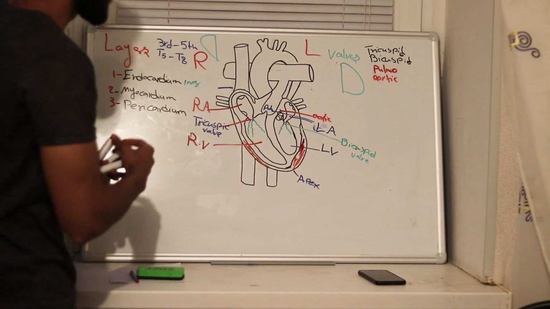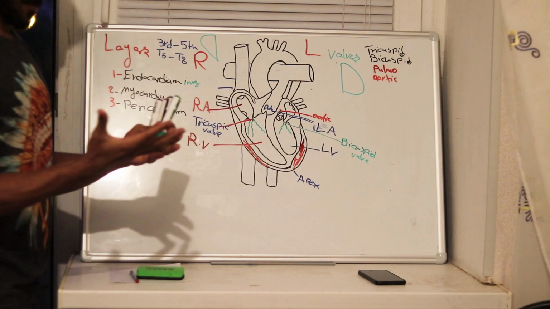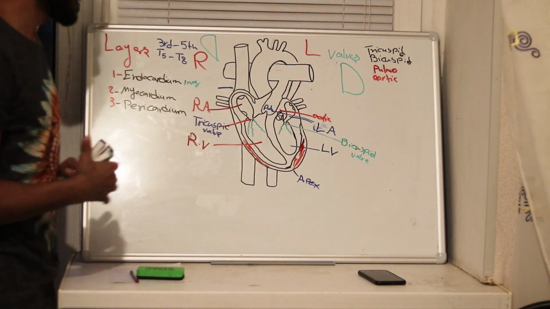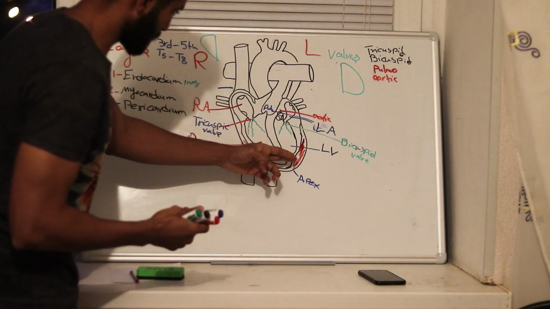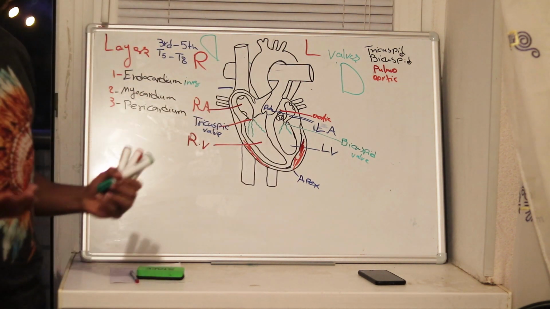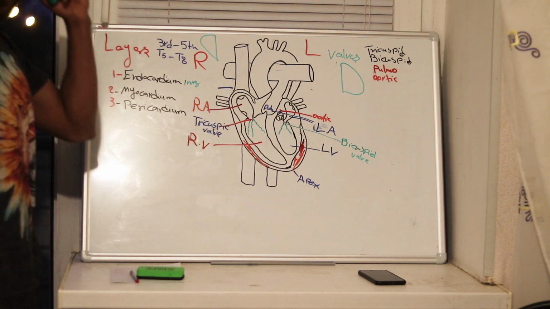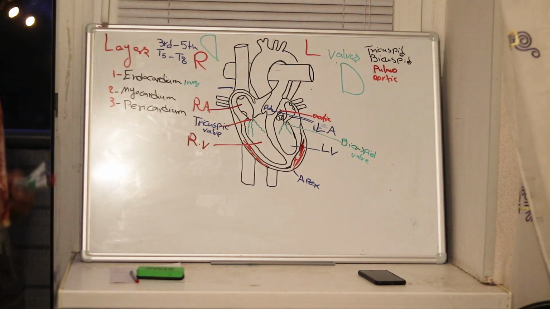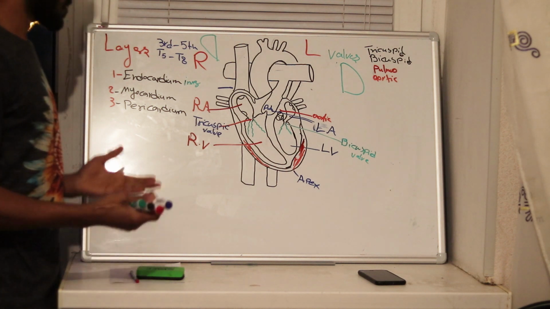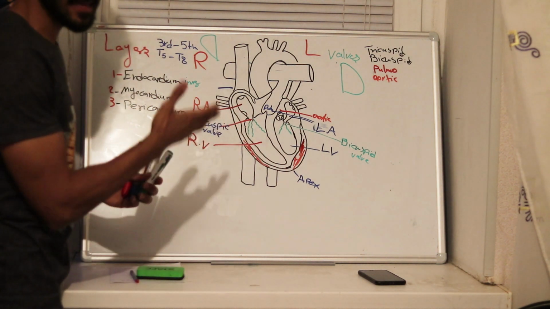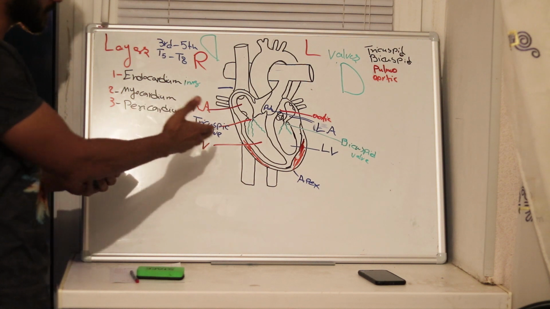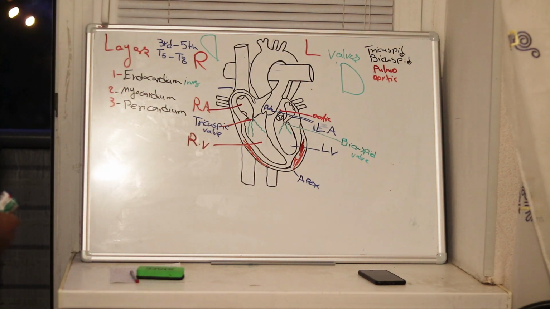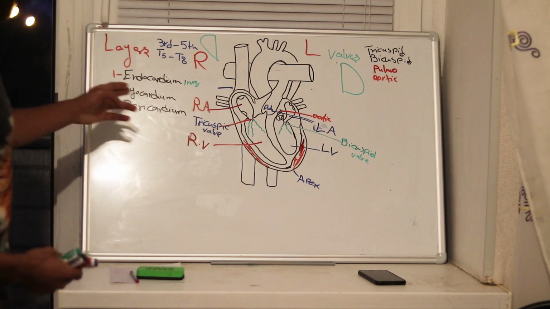Why? Because it needs a lot of pressure to pump to the whole body, from the left ventricle to the aorta, to the brain, head, upper limb, trunk, and lower extremity. So you can imagine why it's thicker here and thinner in the right ventricle. So this is the myocardium layer.